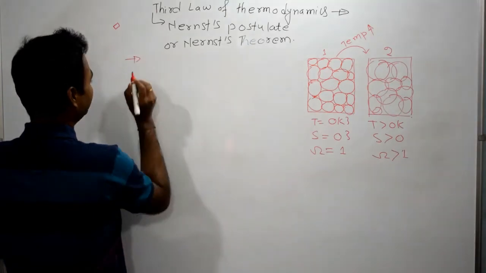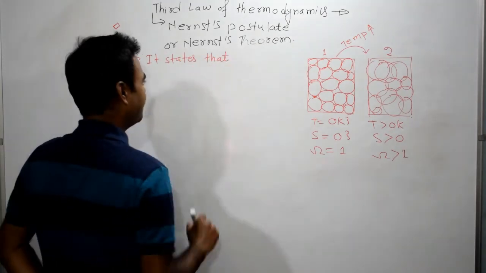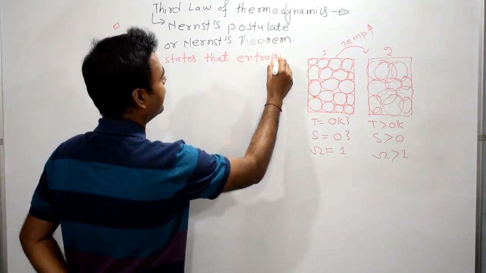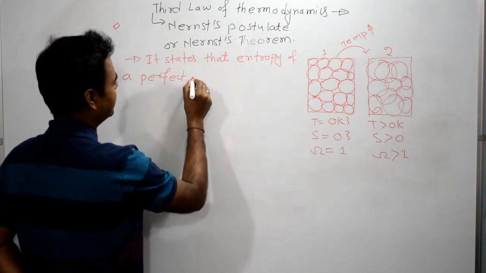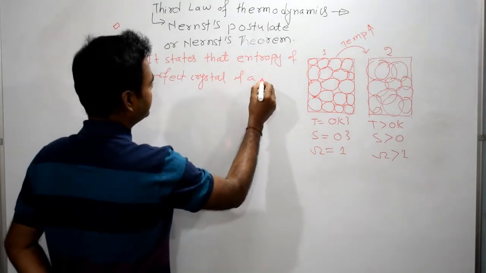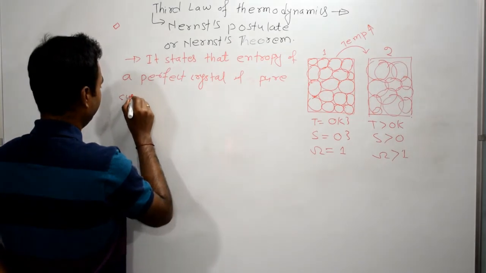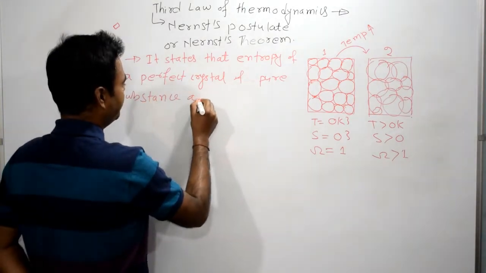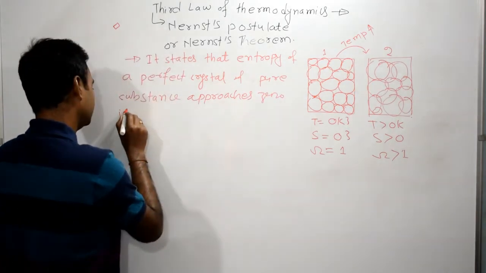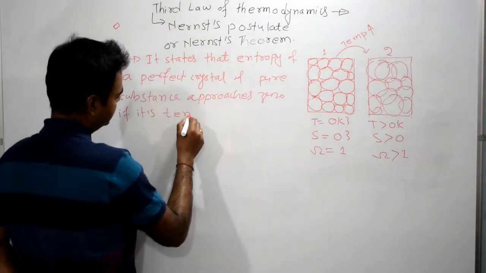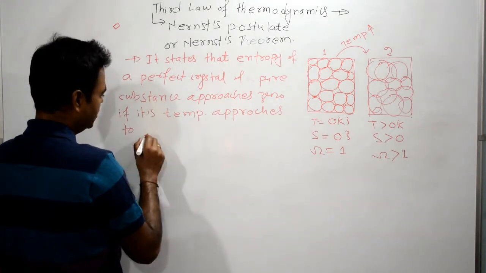So what is the definition? It states that the entropy of a perfect crystal of a pure substance approaches 0 if its temperature approaches 0 Kelvin.